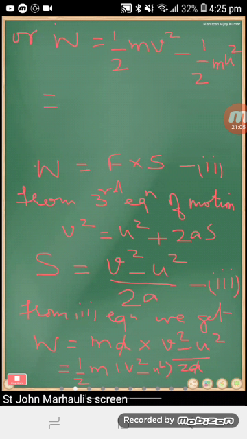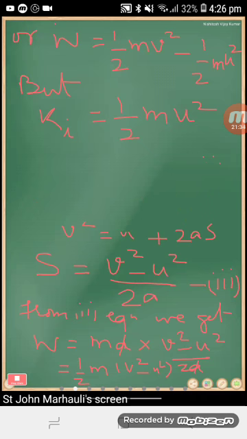Now half m v square is nothing but your kinetic energy. We know initial kinetic energy can be written as half m u square, and similarly final kinetic energy can be written as half m v square.